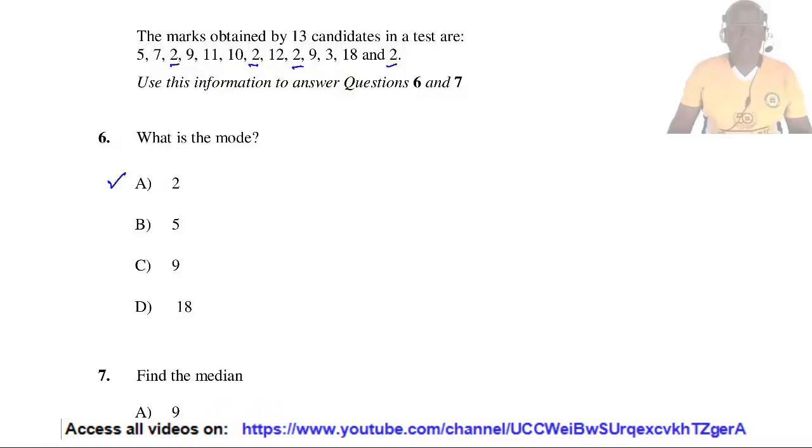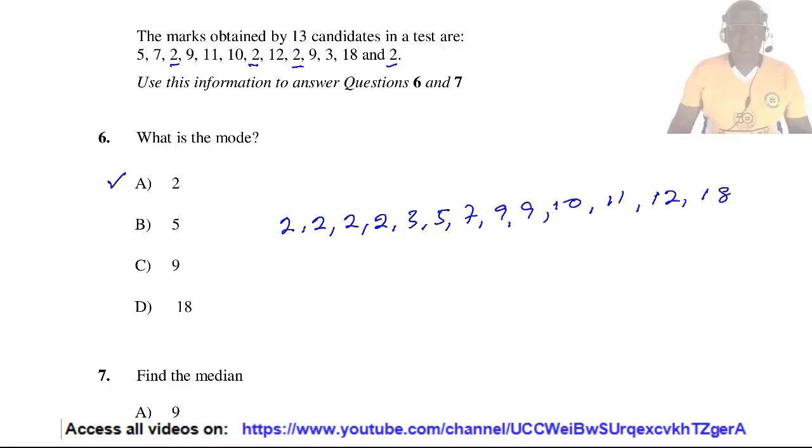Question 7. Find the median. To find the median, we shall arrange the marks in ascending order. That is 2, 2, 2, 2, 3, 5, 7, and 9, 9, 10, 11, 12, and then 18.